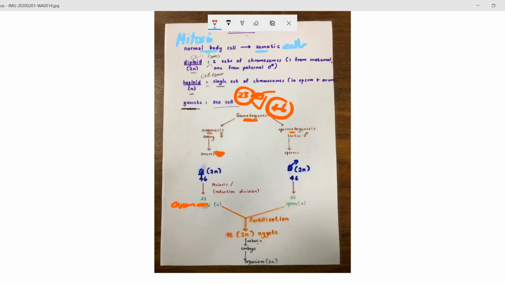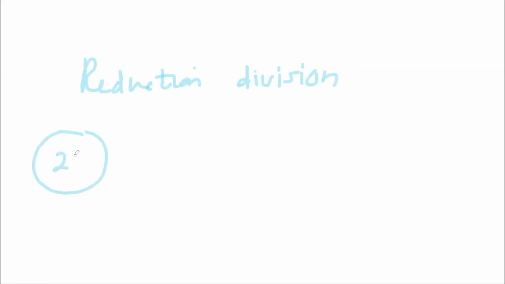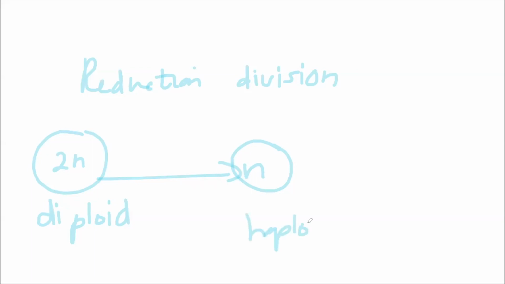Now, meiosis is reduction division. So let's write there. Meiosis is reduction division. What does that mean? A normal cell goes from diploid to haploid. So that's what reduction division is.